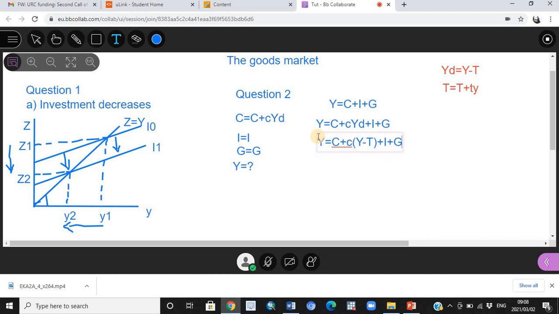But we don't know whether there is another tax that depends on income or not. In this case, we will assume that yes, we do have another part of tax that depends on income.